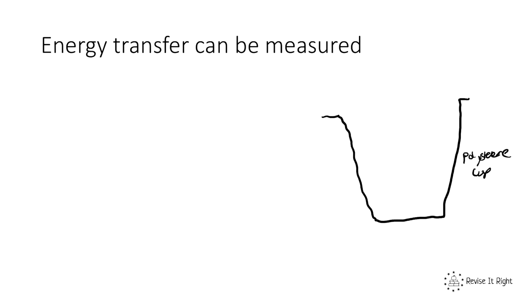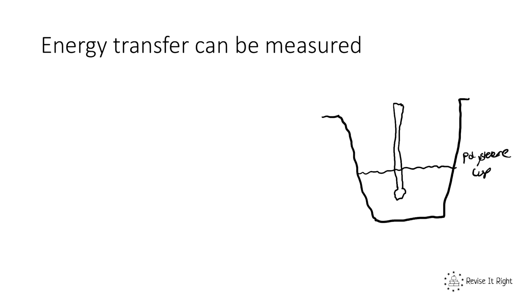Now, energy transfer can be measured, and you can measure the amount of energy released by a chemical reaction in a solution by taking the temperature of the reagents, mixing them, and then measuring the temperature afterwards. So for example, here we've got a polystyrene cup, and then we're going to have a solution, and we're going to place in a thermometer to take the temperature of that solution.